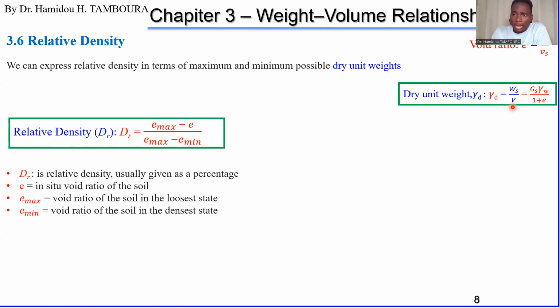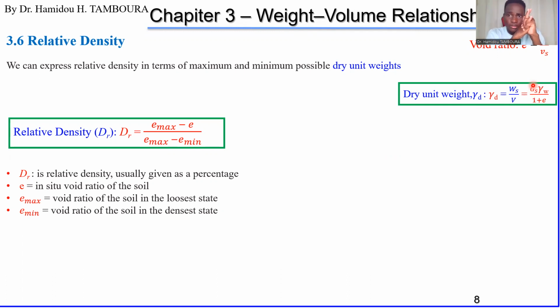And we can use the specific gravity of soil, because we know that the specific gravity of soil is gamma S, the unit weight of the soil particle, divided by the unit weight of water.